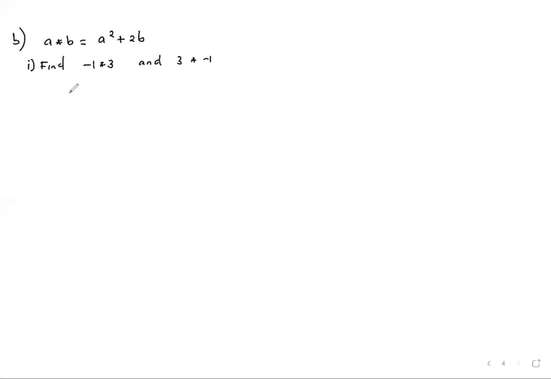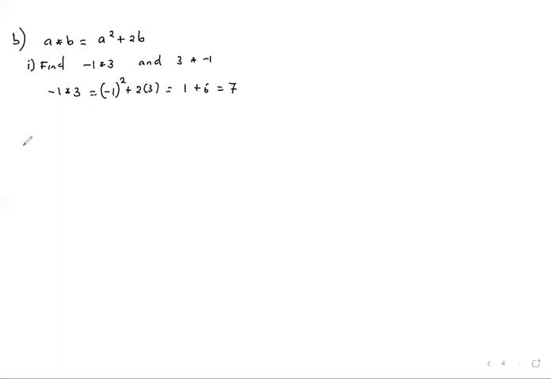So let's find -1 star 3. It is going to be -1 squared plus 2 multiplied by B, which is equal to 1. Did I write B there? B is 3. So you put 3, which is equal to 1 plus 6, which is 7.